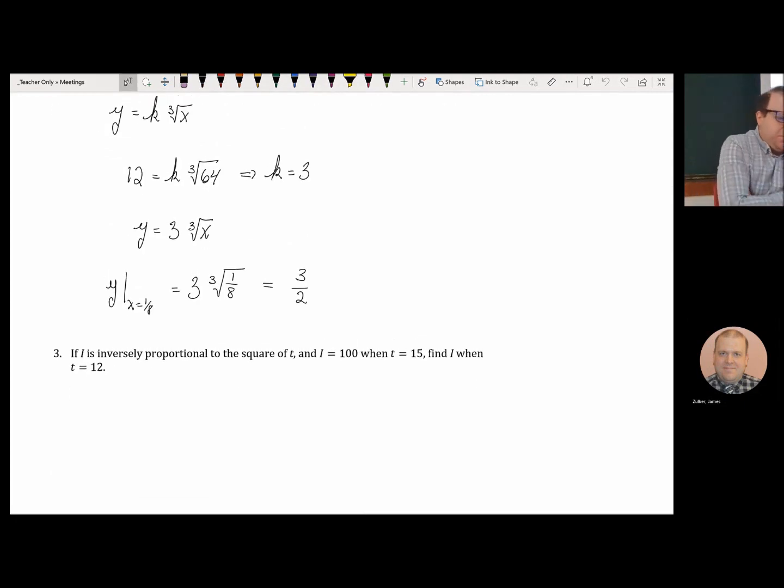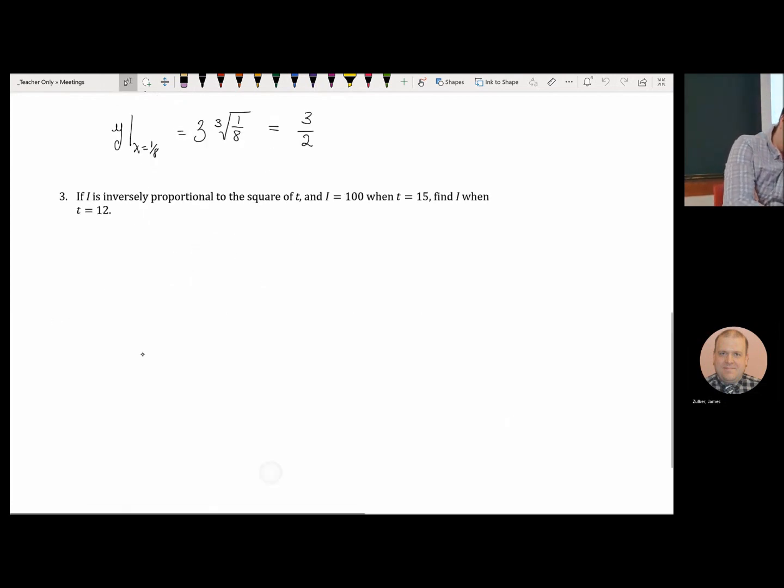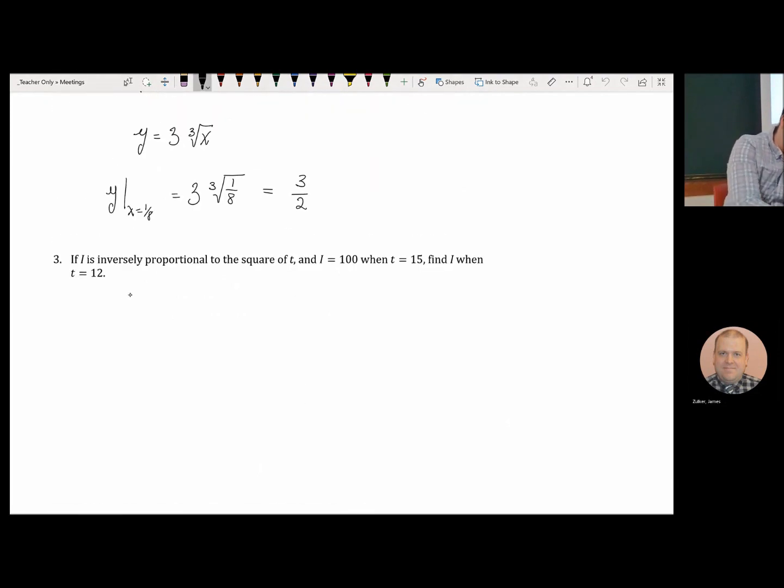I is inversely proportional to the square of t. Inversely proportional would mean that I is proportional to 1/t squared.